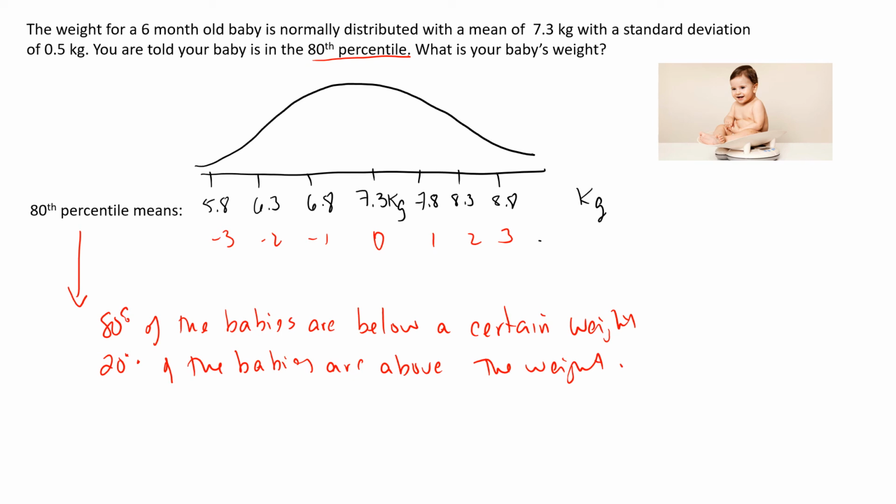So it's basically comparing your baby to everybody else's babies. 80% of them are below and 20% are above. So if I showed that on a diagram, 20% would be above and 80% would be below.